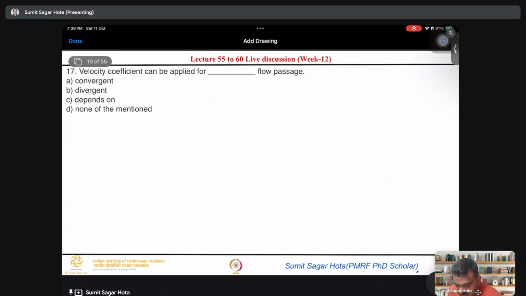So velocity coefficient can be applied for dash flow passage. It's not specific, like it can be applied for convergent, or it can be applied for divergent. The answer is D, because it can be applicable for any of the flow passage.